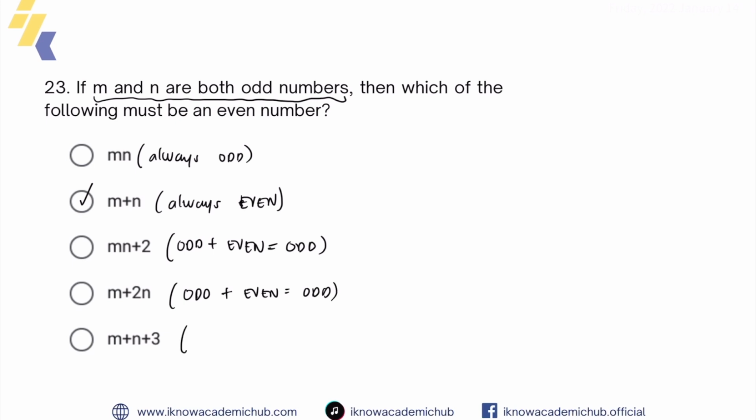And lastly, we have m plus n is always even, so even plus what is 3? That's odd. Always odd. Okay, again, the correct answer is m plus n because an odd number plus an odd number gives us an even number. Okay?